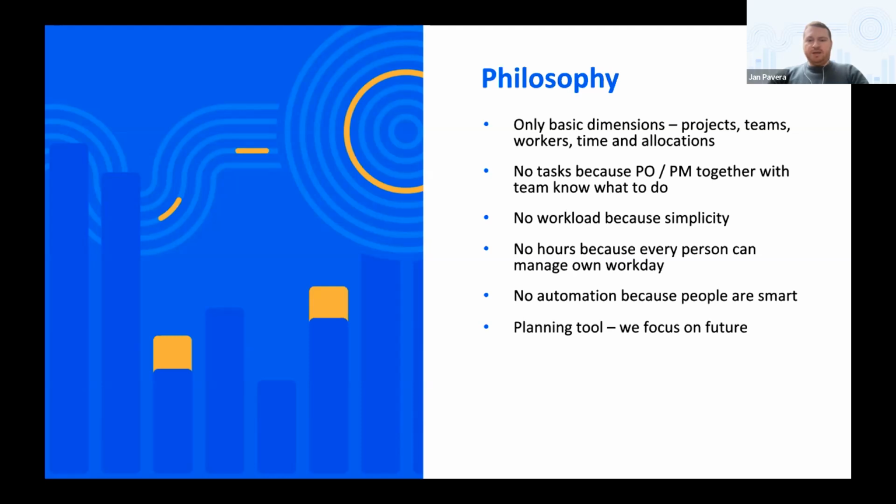Next is that there are no tasks, because project owners and product managers, together with the team, know what to do. It is the thinking of our agile philosophy in eSoftware that we trust our teams, and in resource management we don't want to tell them exactly what they are doing.